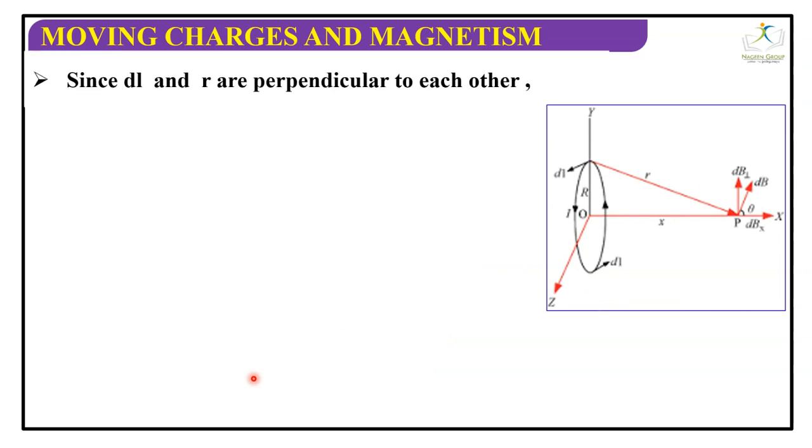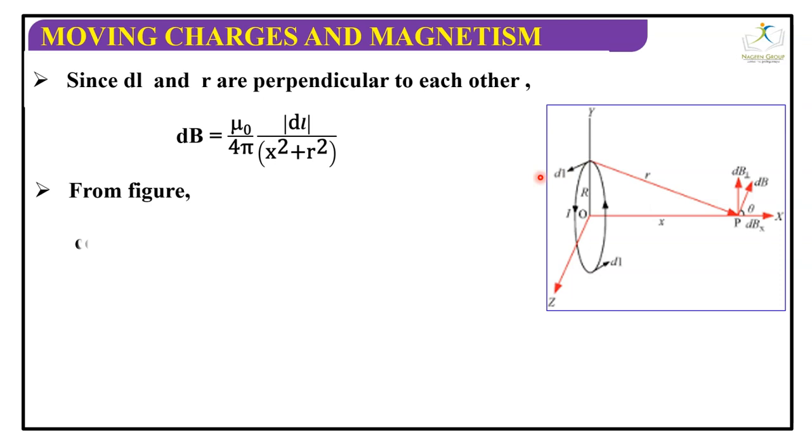Now, since we know dl and r are perpendicular to each other, what is dl? dl is basically an elementary element, and r will be perpendicular to it, because if we zoom in on this particular element, it will be perpendicular.